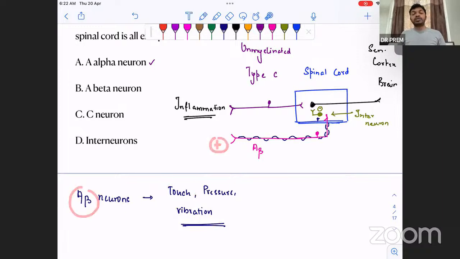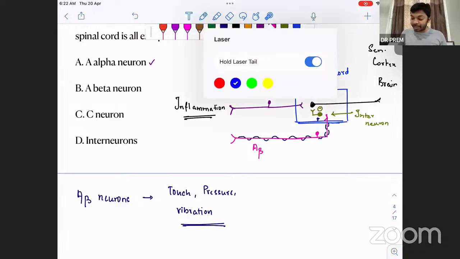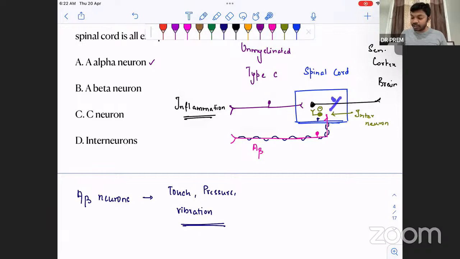When A beta neurons are getting stimulated, impulses travel via A beta neurons. These impulses go and activate interneurons. Once the interneuron gets activated, you know what will happen. The interneuron will go and block the neuronal transmission from the spinal cord. Since this neuronal transmission is not happening, this will ultimately result in no transmission of action potentials to the brain.